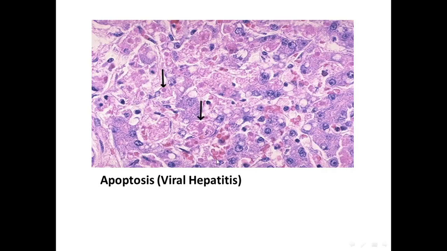This is liver, and these are the apoptotic cells or apoptotic bodies. This is an example of a pathological apoptosis: viral hepatitis showing the apoptotic cells or apoptotic bodies.